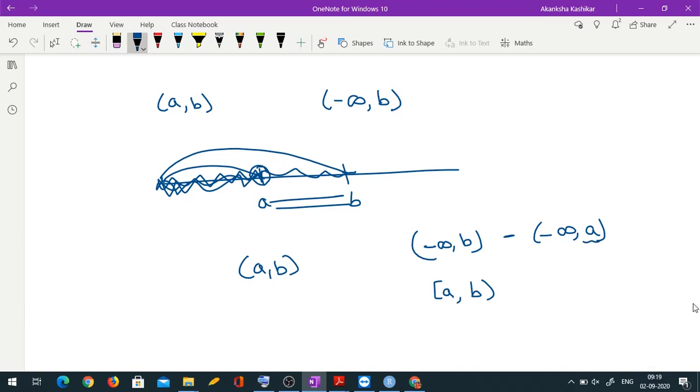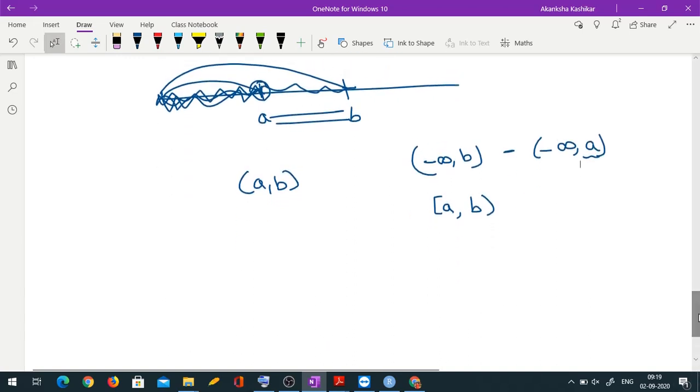Okay, so when I say subtract, we have to basically take intersection with the complement, right? Subtracting of a set means taking intersection with the complement. So here I will get closed AB. So I need to somehow deal with closed AB also to convert it to open AB. But for this, the earlier trick can help.